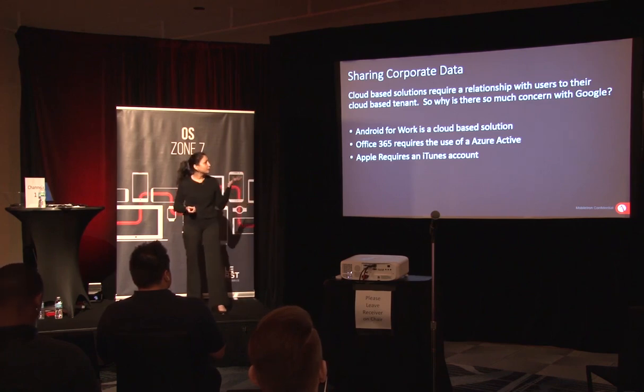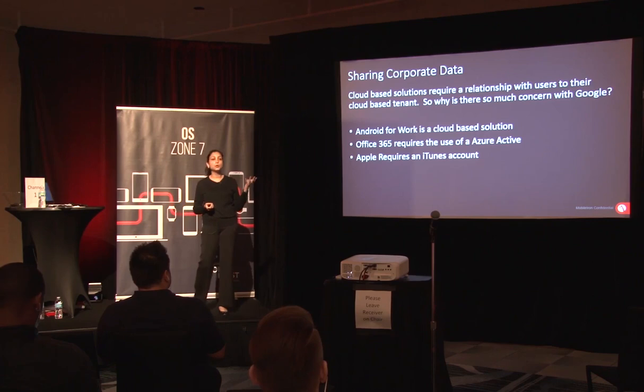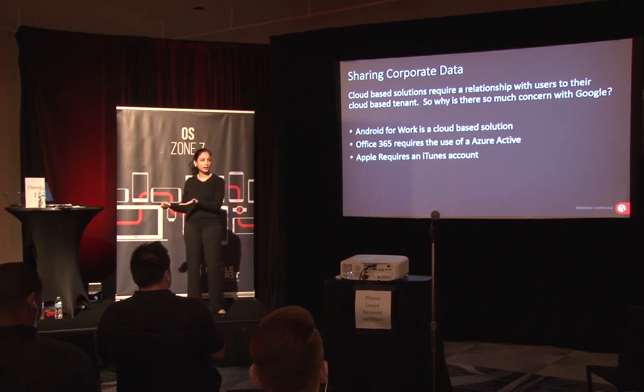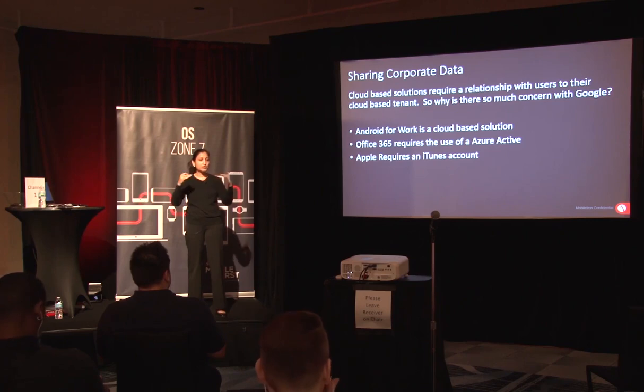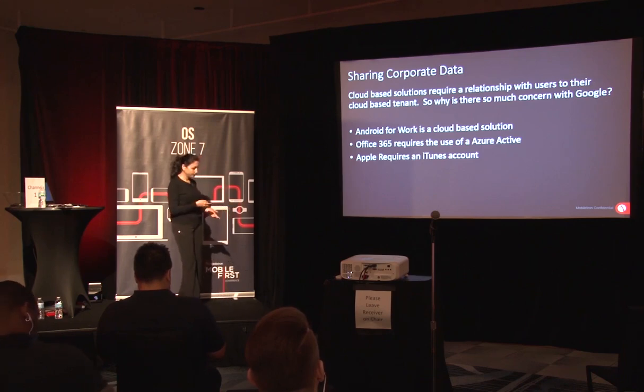That's what Android for Work is doing. It's a cloud-based solution. Google wants to know that this particular domain is owned by you, and you are authorizing, in this case, MobileIron or any other EMM provider, to have a triangle of relationship, which Google wants to know about. So that's what we do when we set up Android for Work to start with.